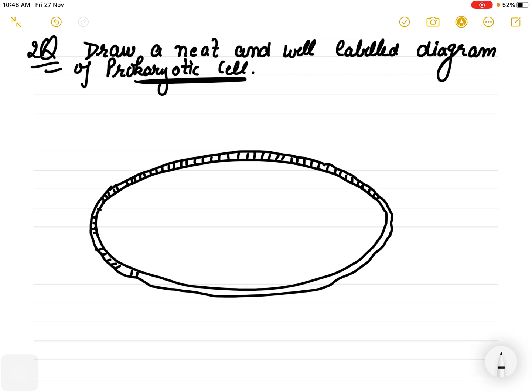We have drawn this outermost covering, so let's label it. This is the cell wall. Now after the cell wall, what will come?